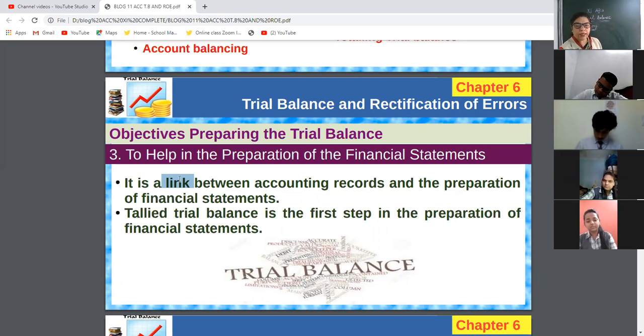It is the link between prior work and after work. So my dear children, if we want to make the financial statements, we must have a tally trial balance. Tally trial balance means the total of debit must be equal to total of credit.